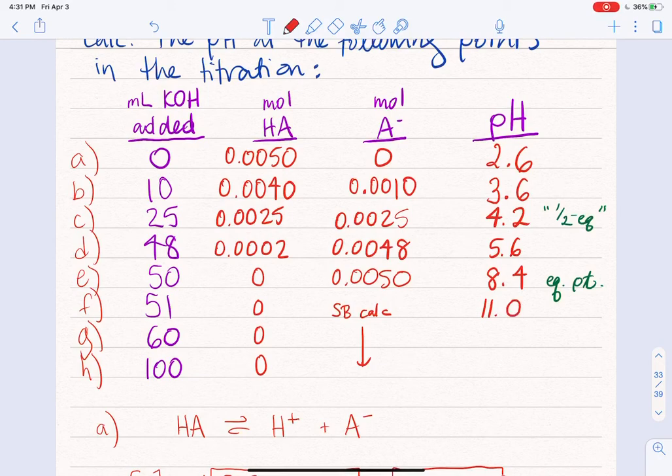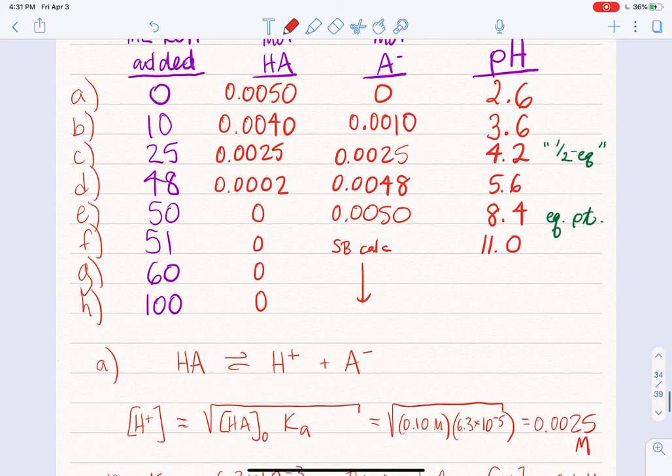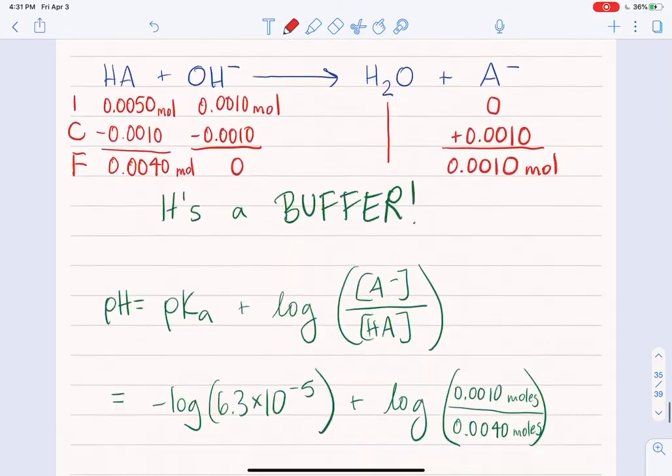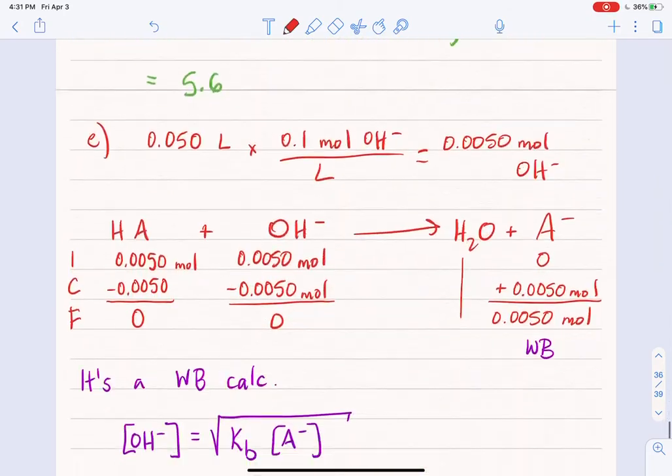I want to also calculate what the pH is at 2 additional points in the titration just because I want to kind of extend that curve out a little bit. So if we look at calculation G and H at 60 and 100 milliliters of KOH, I'll just do one of those to show you what I mean.